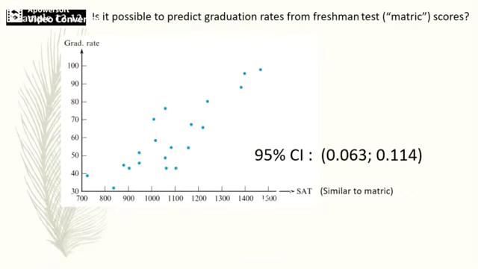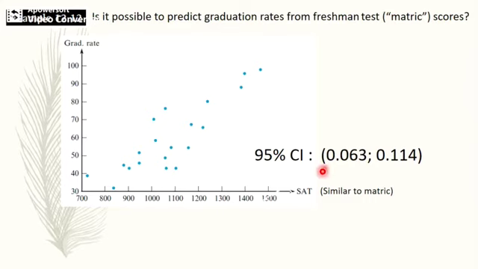Now, let's have a look at example 12.2. In this example, the question we're trying to answer is: is it possible to predict graduation rates from freshman test scores? I put in here matric because you can think of these freshman test scores as matric scores.